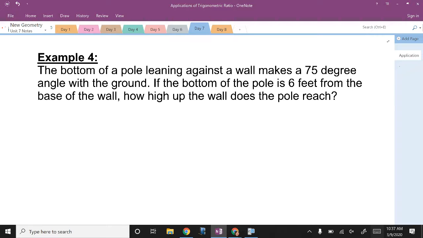What's important is knowing what you've got, knowing where to put it, and knowing what you're looking for. Kind of hard when they don't give you the triangle, isn't it? Because you have to make sure you understand the problem, what it's asking you to find, and the information they give you, and understand how to put it in the correct place on your picture.